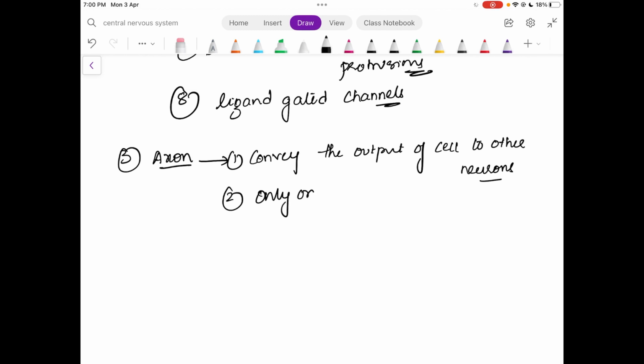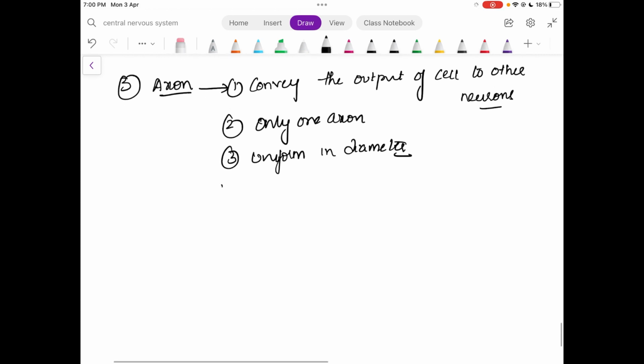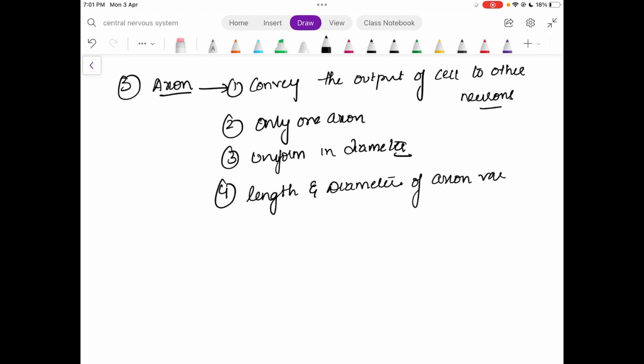There is only one axon. They are uniform in diameter. Length and diameter of axons vary with neuronal type.